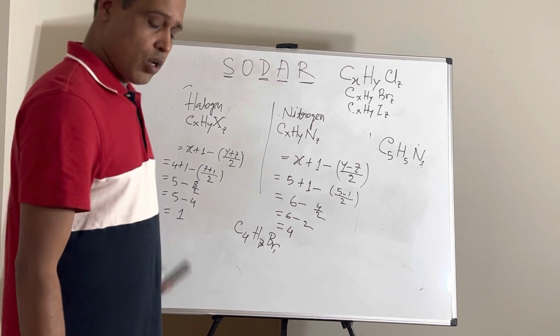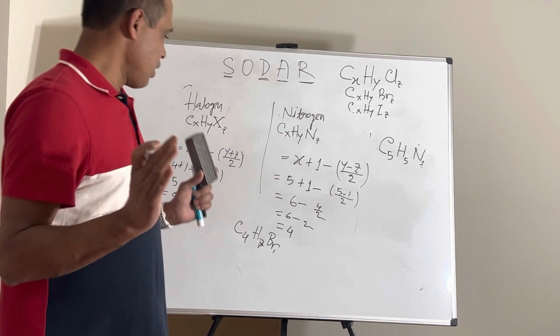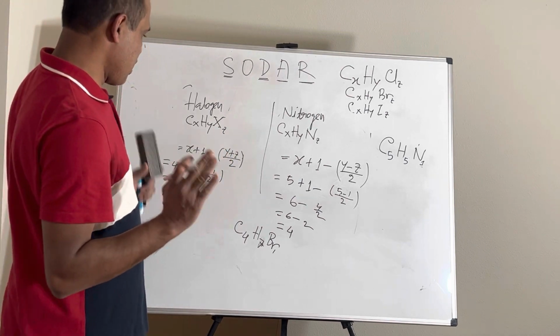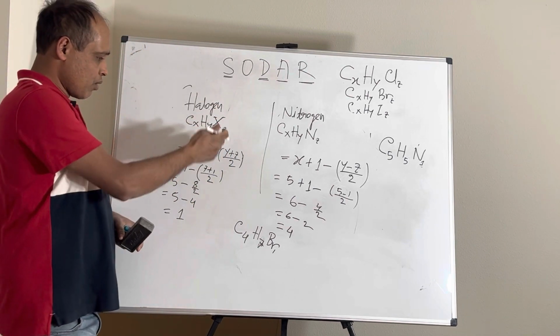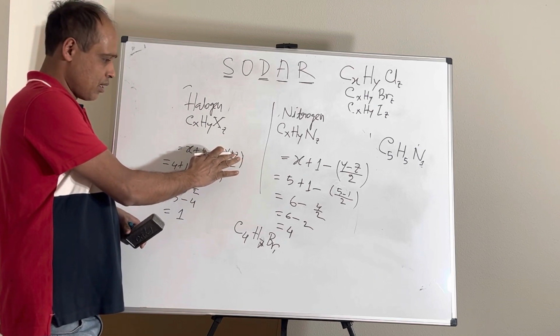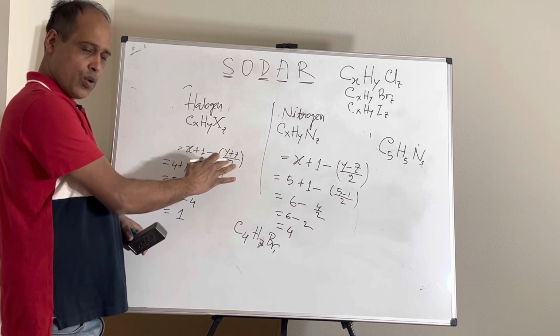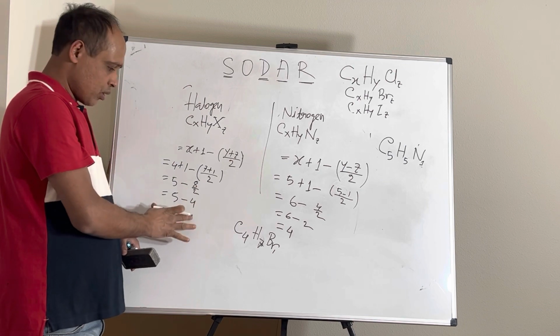Okay, so I think you guys already understand. If you have the halogen in your molecule, just add the number of Z here over 2, and then you can easily calculate the SODAR number.